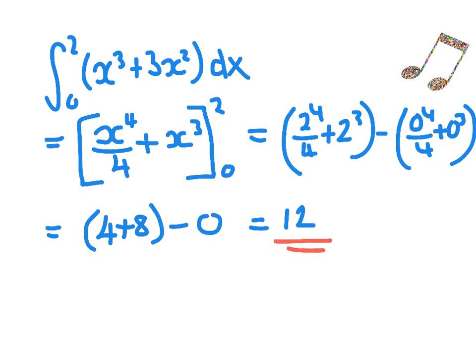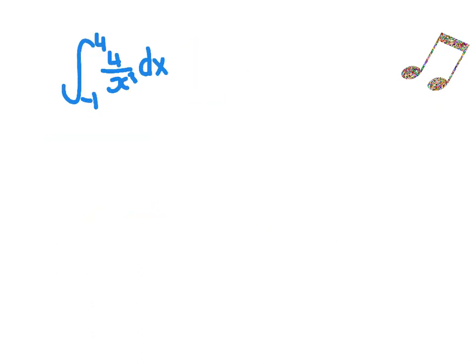We have one more example on page 8. Okay, we're integrating 4 over x cubed between the values of 4 and negative 1. I can't integrate in that form. I'm going to use my index rules to bring that x up, and it'll be 4x to the minus 3 dx.